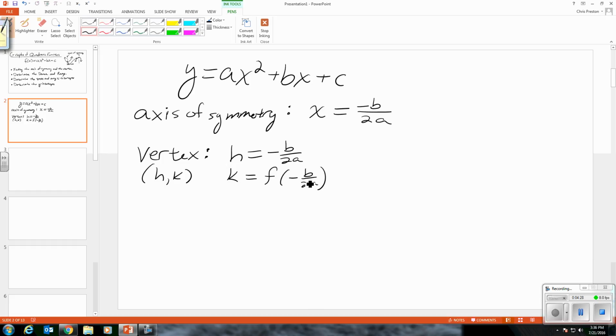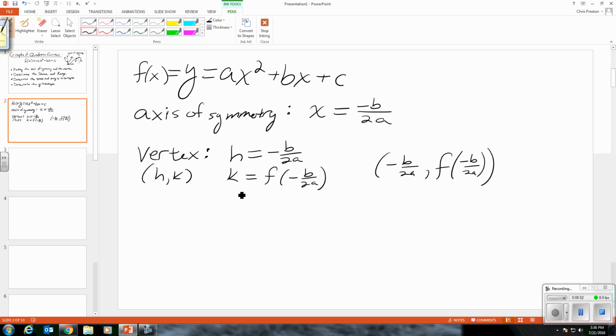In other words, you're going to plug whatever number you got for the axis of symmetry into the equation for your x's and calculate that for your y's, because again, y is the same as f of x. We're talking about functions. So you could also say the vertex is negative b over 2a, comma, f of negative b over 2a.